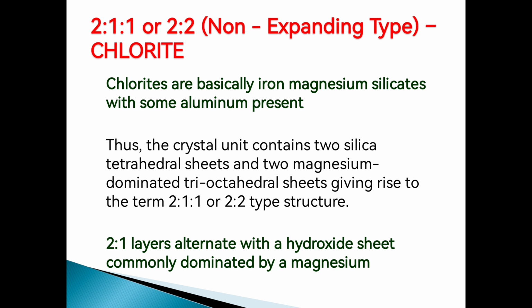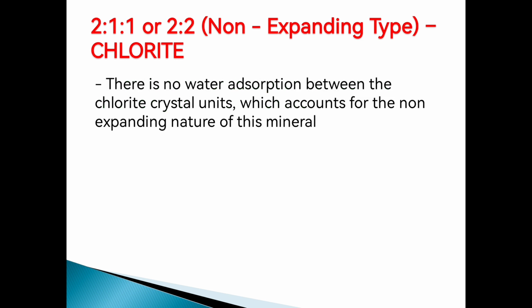The 2:1 layer alternates with the hydroxide sheet, commonly dominated by magnesium. And there is no water adsorption between the chlorite crystal units, which accounts for the non-expanding nature of this mineral. So, it doesn't expand.